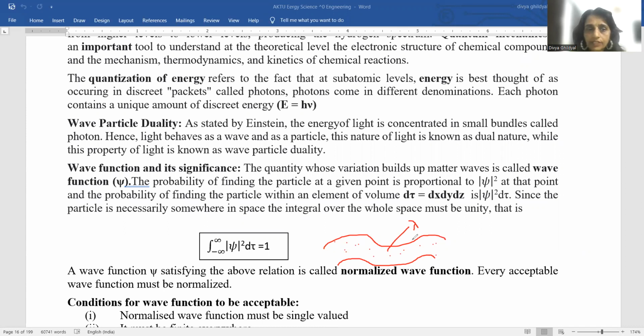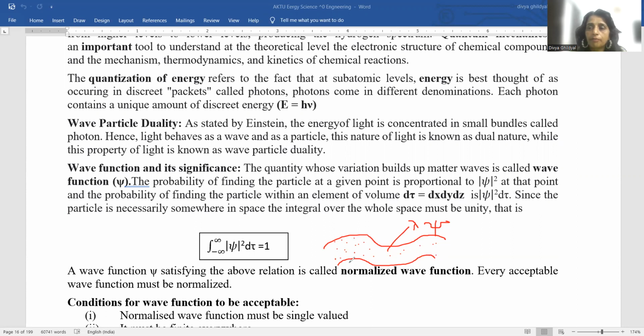Now, when this wave is traveling, we need to define a factor which will explain the motion of this wave. So we introduce what we call the wave function. This wave function tells me the properties of this matter wave, which consists of a large number of particles.